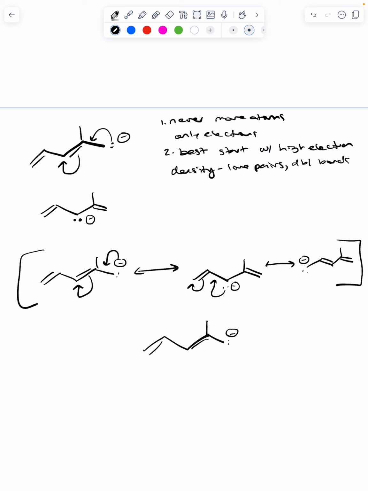But really, this structure is more like, let me see if I could do it justice. It's more like it has an area of high electron density here, and here, and here, everywhere that a negative charge shows up. And it's not really like it has an individual double bond on each one of these.